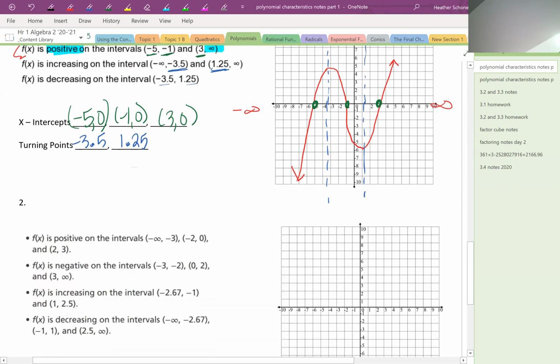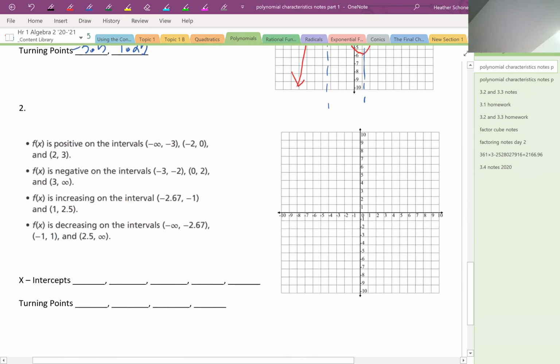All right, let's try another one of those. Okay, so positive and negative intervals is above and below the x-axis. So where it switches from positive to negative is where it's going to cross the x-axis. So we can find an x-intercept at (-3, 0), (-2, 0), (0, 0), (2, 0), and (3, 0).